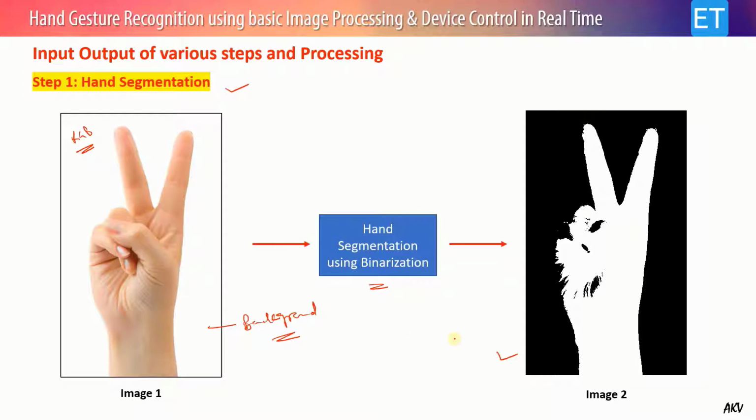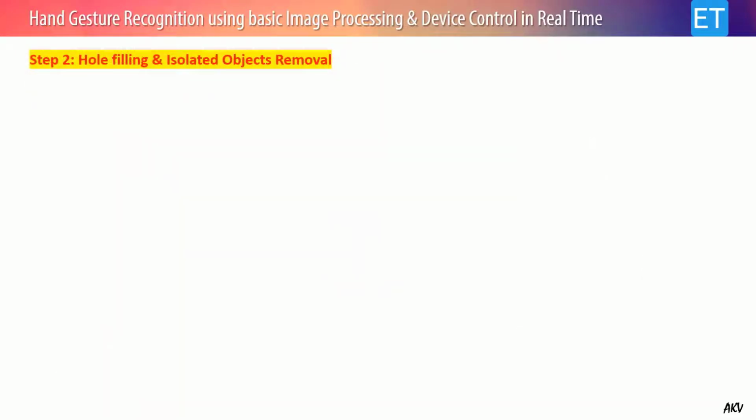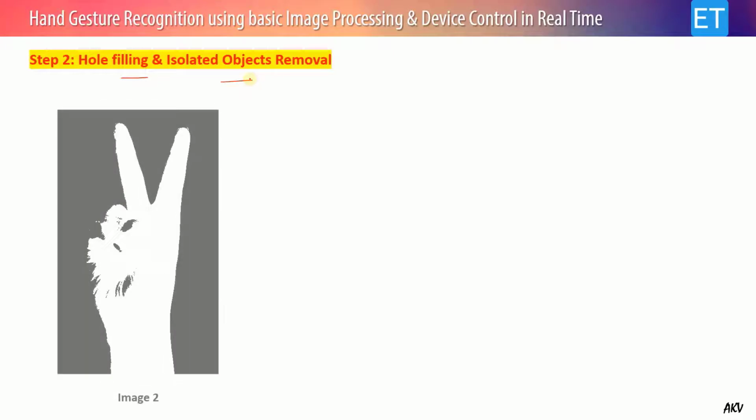And in the second stage, this image will be given as the input. Here you can see some black shades, black areas inside this main area, and some isolated pixel groups also like this. So we have to remove these isolated pixel areas. That is done in the second step, I mean the hole filling and the isolated object removal.